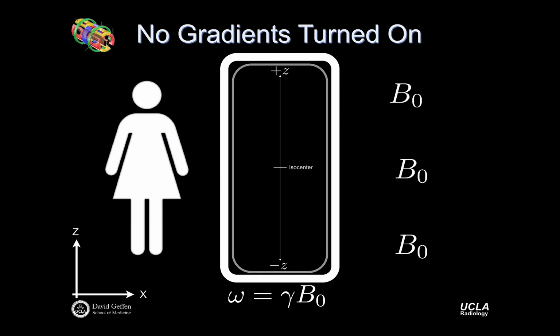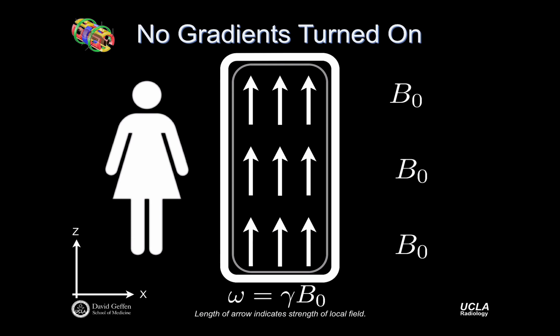Okay, so what do the gradients actually do to our spin system? Here we have no gradients turned on. So with no gradients turned on, we expect to have B0 at all Z positions. That means the direction and magnitude of the B0 field is the same everywhere. In these diagrams, the length of the arrow indicates the strength and direction of the local field, right?